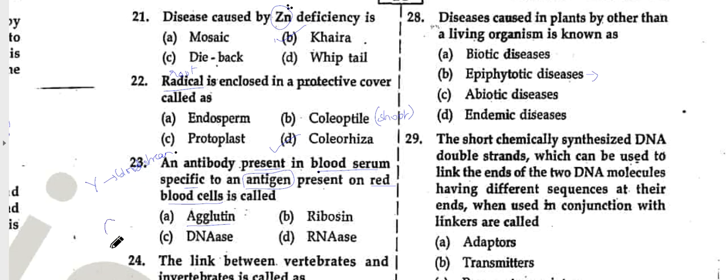Every cell expresses an antigen on its surface, and the antibody binds to the antigen. So this antibody which binds to the antigen on the red blood cells is known as agglutinin.